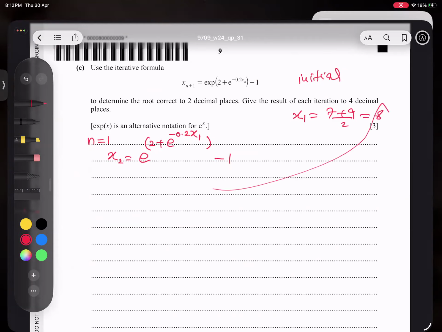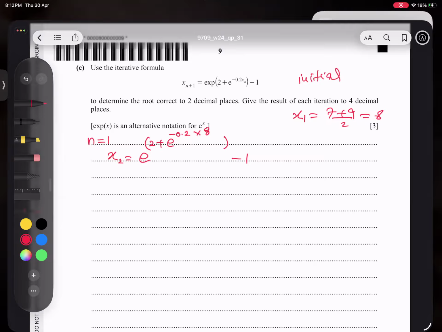So I'm going to replace it with 8 here, students. Now I'm going to type it: exponential to the power, in the bracket, 2 plus, again exponential to the power negative 0.2 times 8, close bracket, and then negative 1.